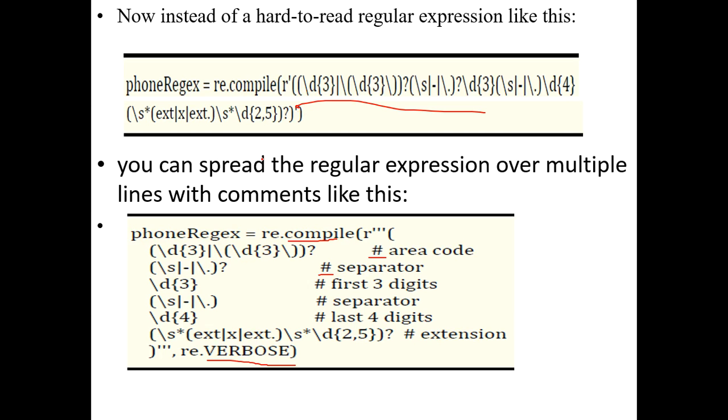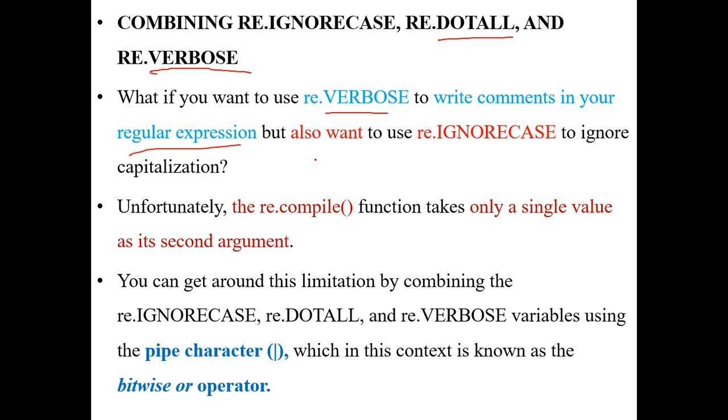When we want to use this mode to write a comment within a regular expression, we can use it directly by passing it to compile. But there is a limitation of compile: compile will take only one argument as the second one. Apart from this verbose mode, we may even want to ignore capitalization.